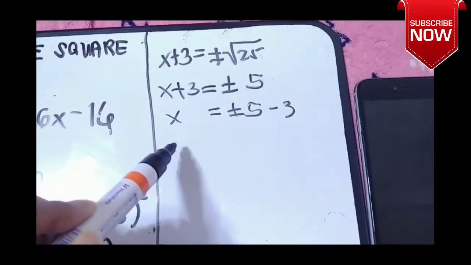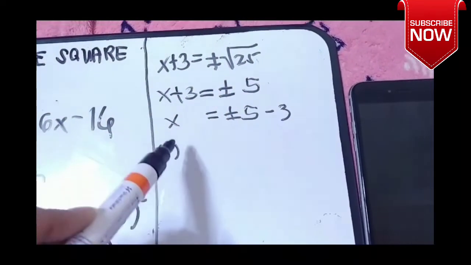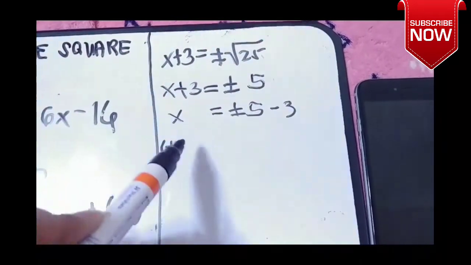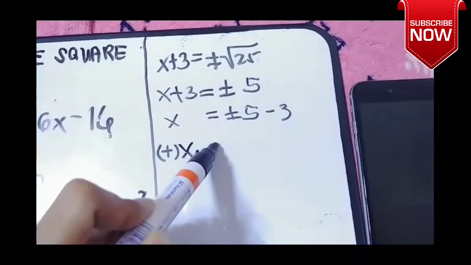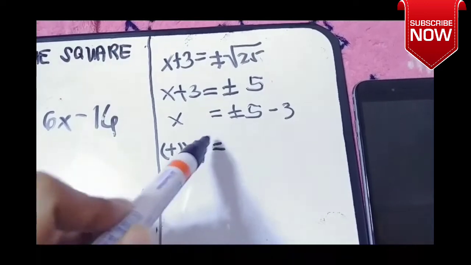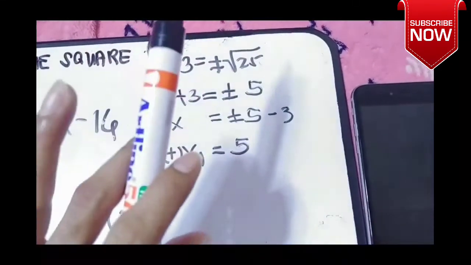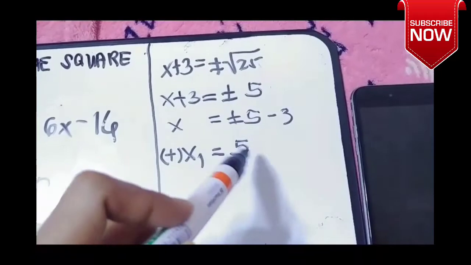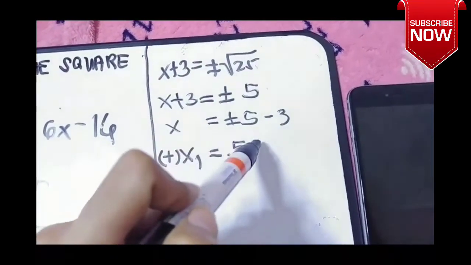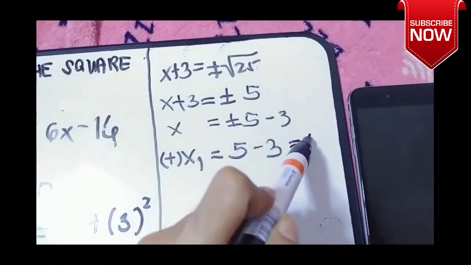So, we will consider first the positive, and we will name the first value of x as x1. Now, equals, since we considered positive, so that is positive 5, pero hindi na natin isusulat yung positive dahil understood na yung 5. Then 5 copy yung 3, negative 3 rather. Then that is equal to positive 2.